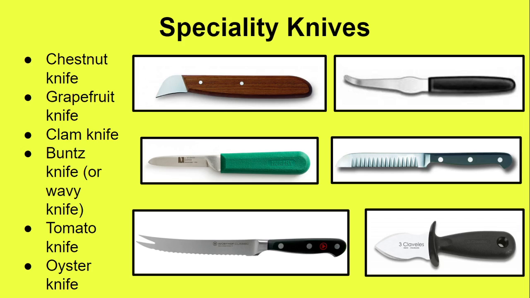And the other 6 specialty knives are the chestnut knife, grapefruit knife, clam knife, Bunz knife, tomato knife, and the oyster knife. I hope that this video will be really helpful to all you guys to increase your knowledge.